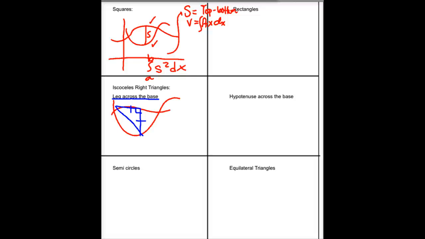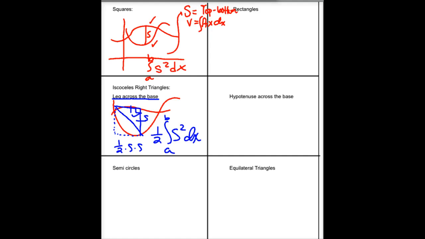All right, so I'm still going to be integrating from a to b. The area of this face now becomes half of a square, or 1/2 of base times height. So what I end up having is a 1/2 multiplier out front on my isosceles right triangle with its leg across the base.